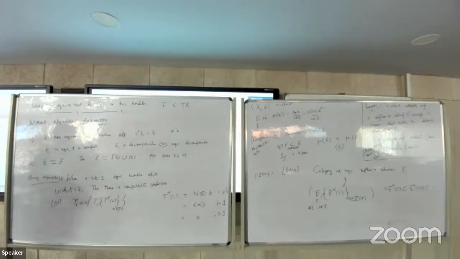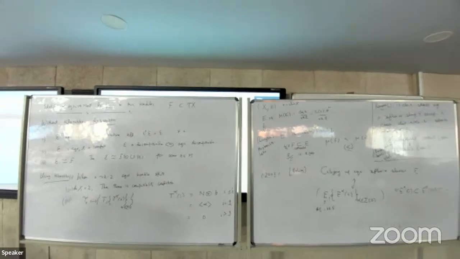But a destabilizing subsheaf always has a G-action. That is fine. But it is enough to work with equivariant subsheaves. So I know how to classify equivariant subsheaves of an equivariant reflexive sheaf. Very easy, I can say that.